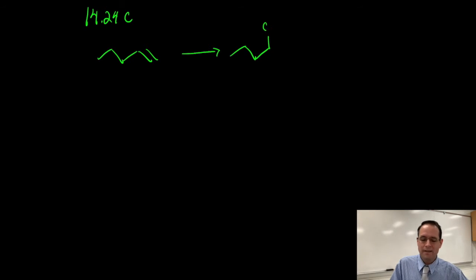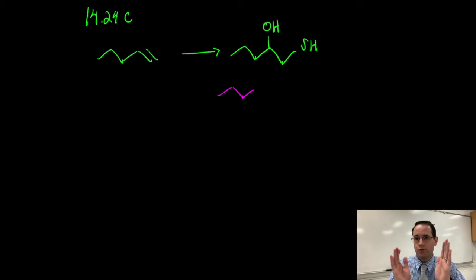In molecule C, we have 1 pentene being converted to a molecule with an alcohol functional group and a thiol functional group. Here we have 2 groups on adjacent carbons, so you could think backwards.